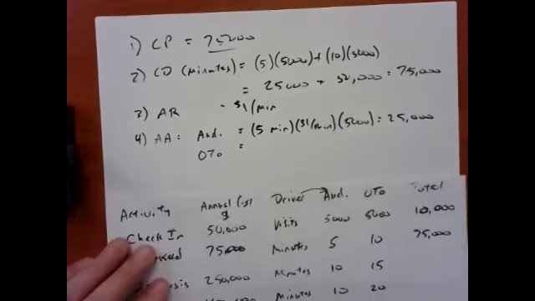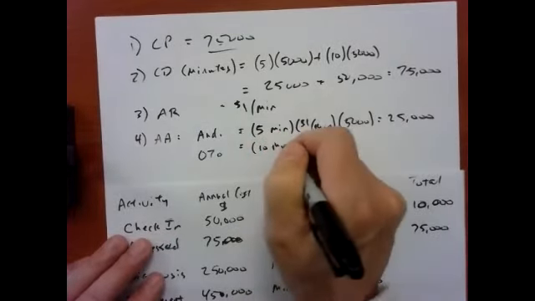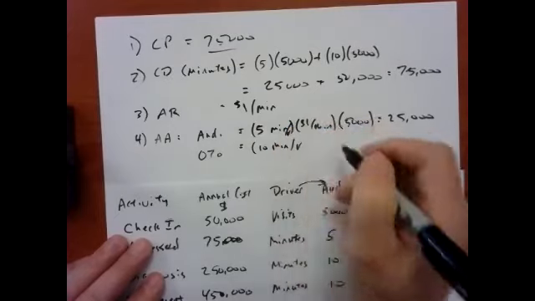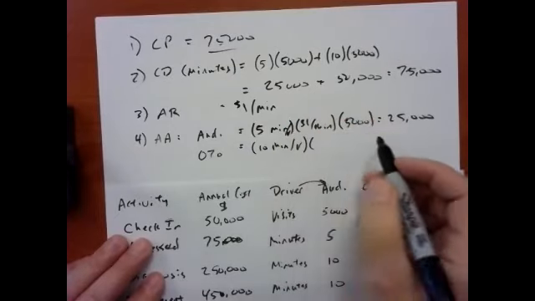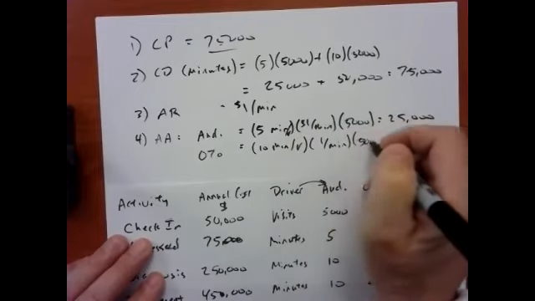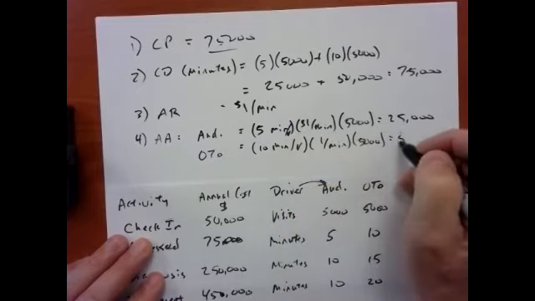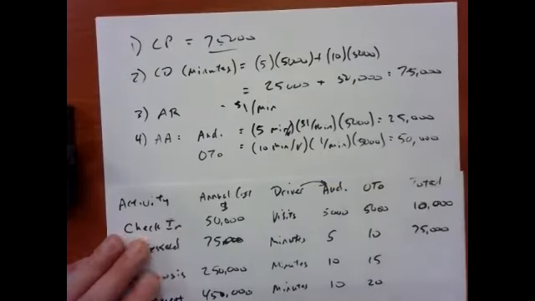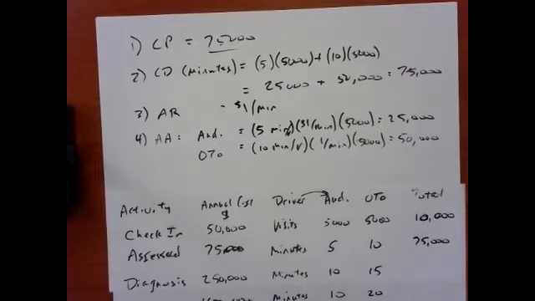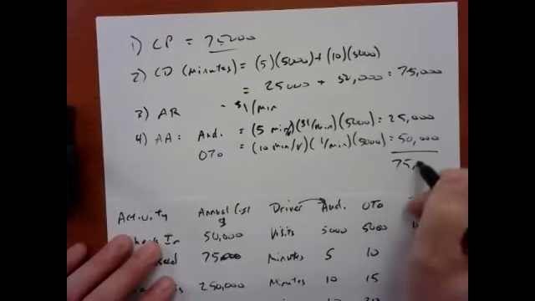Right, otolaryngology is 10 minutes per visit. I should have said per visit. Times $1 per minute times 5,000 visits gives us 50,000. Right. And so when we add those together, we get 75,000.